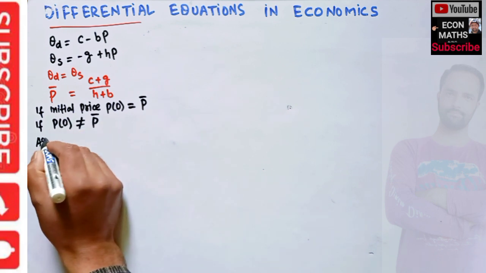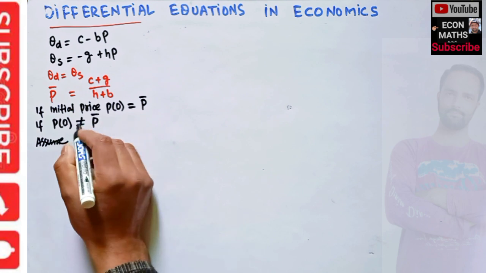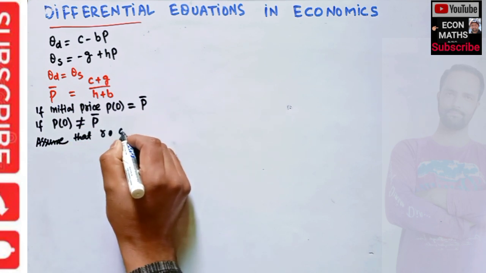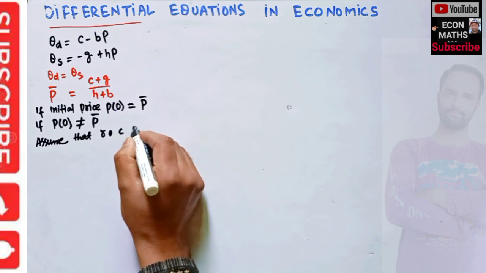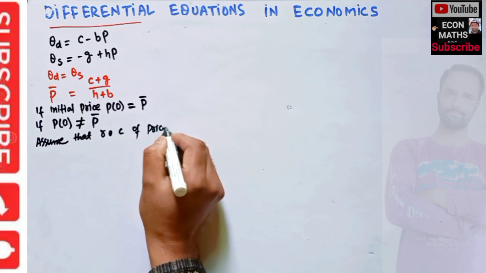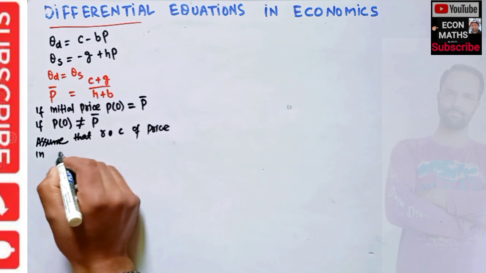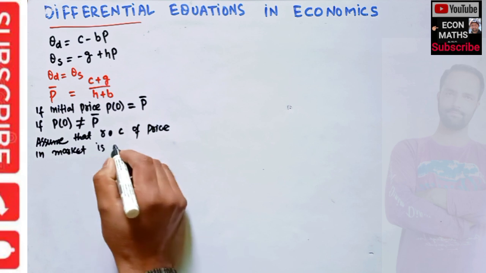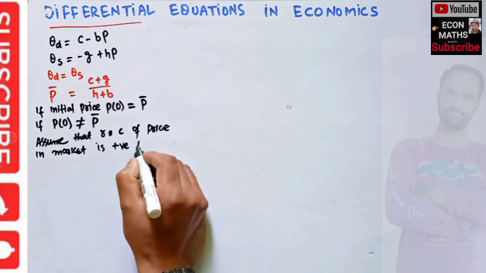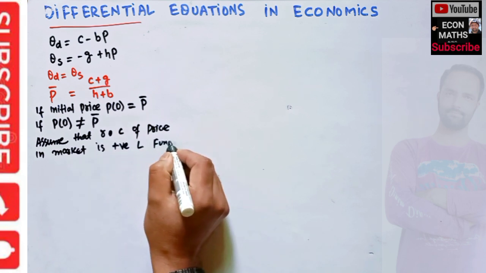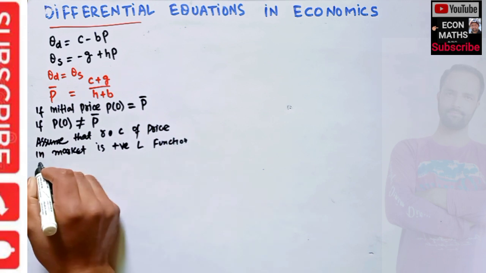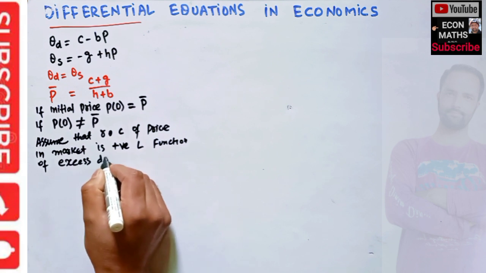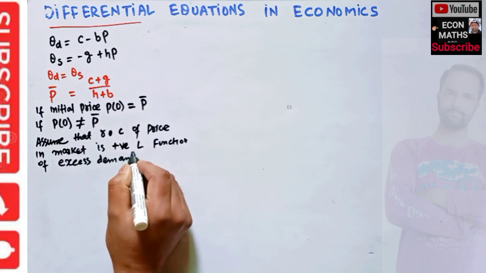Now let's assume that the rate of change of price in the market is a positive linear function of excess demand.